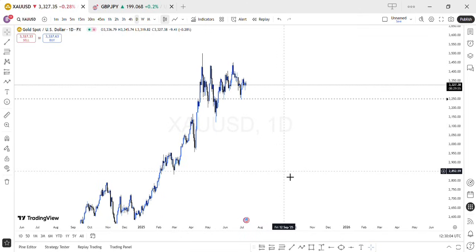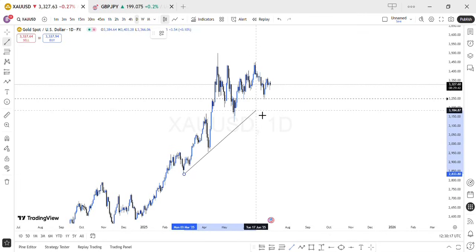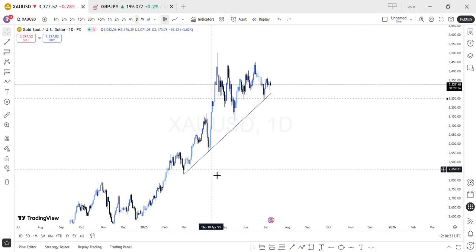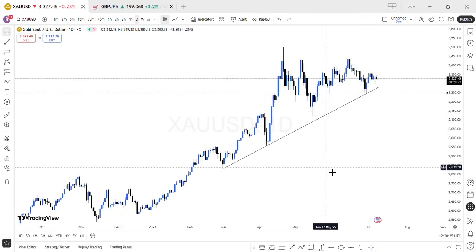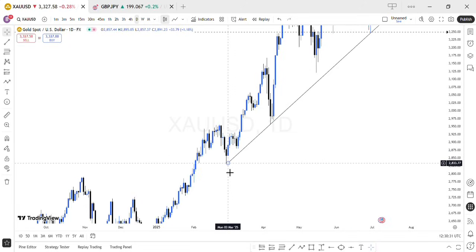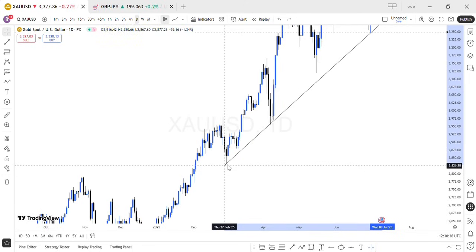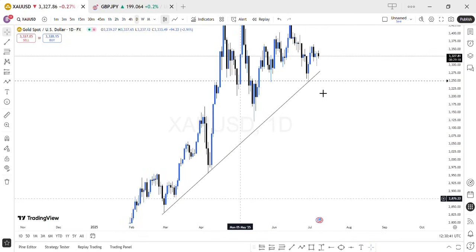On this daily time frame, I draw my trend line from this low.